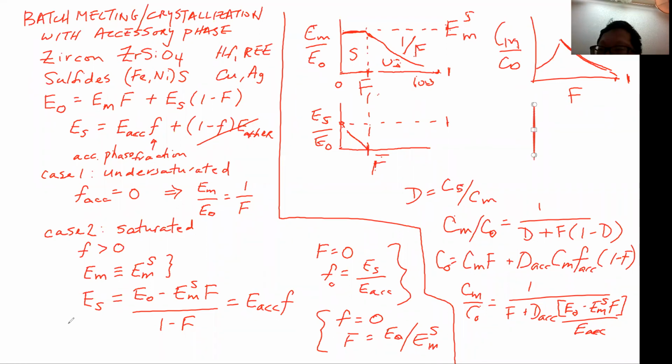And if I were to plot here F versus Cm over C0, then what we would see is that the copper would go down. And the copper would start off at some value dictated by this mass balance. And once you get rid of all the sulfide, there's no copper left.